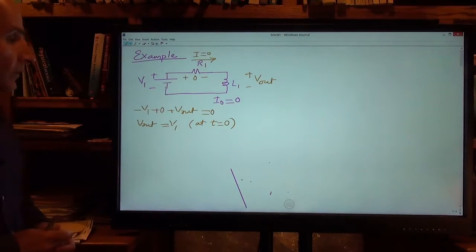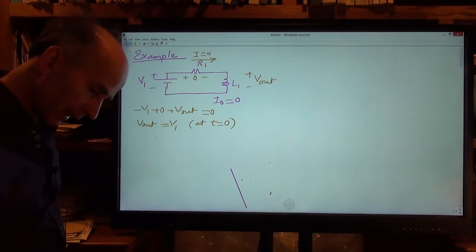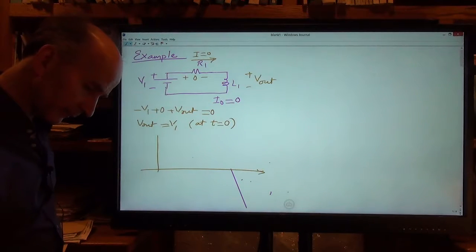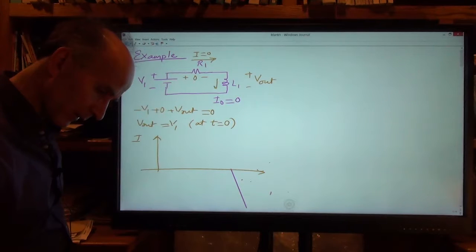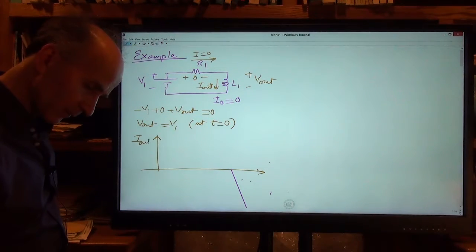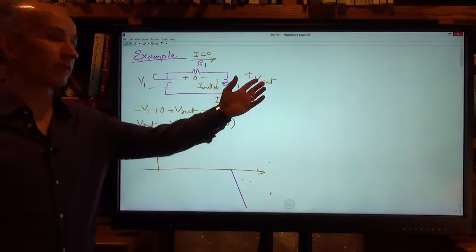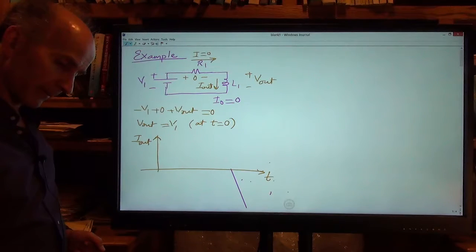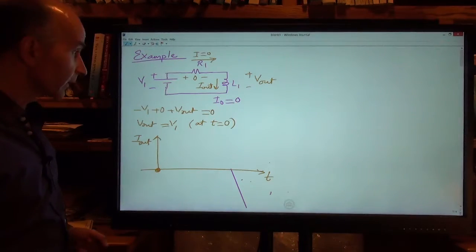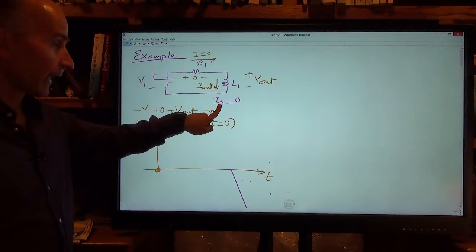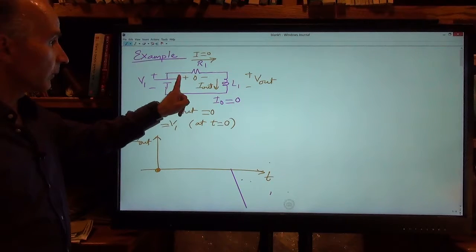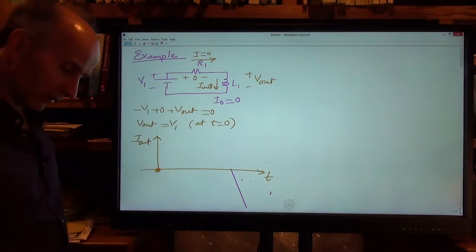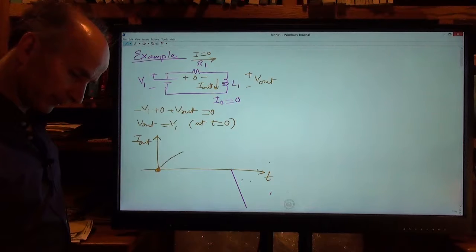And so what we expect is, again, very qualitatively speaking, if we monitor the current to the inductor, so we're going to call this I out. So in this case, you might say both V out and I out are of interest to us. I out as a function of time. So initially it's 0, because we assume it was 0. And as time goes by, we draw some current through this resistor and inductor. So this current goes up.